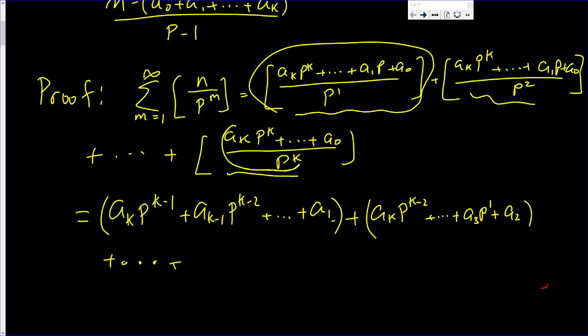And when you divide those two, you get a sub k plus a lot of other stuff which is less than 1. So the greatest integer part of a sub k plus something less than 1, but positive, is just a sub k. So we don't need any of that.